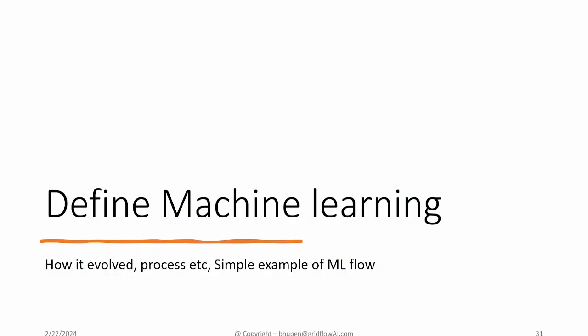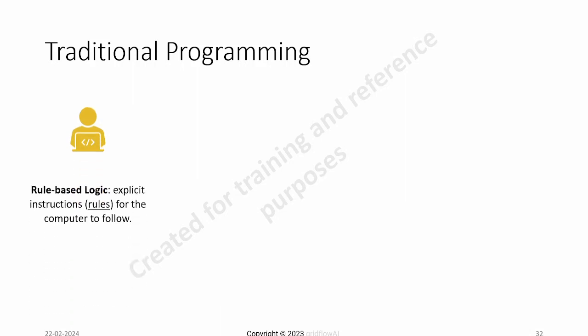Let's define the machine learning process in terms of how it evolved and the typical process flow that we use. And we will be using some simple examples to demonstrate the machine learning flow. So let's understand the difference between the traditional programming that we talk about and the machine learning programming. Where is the difference?